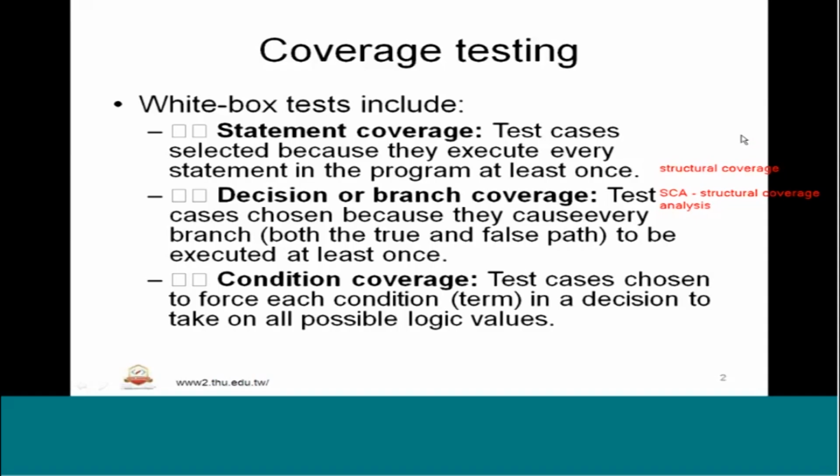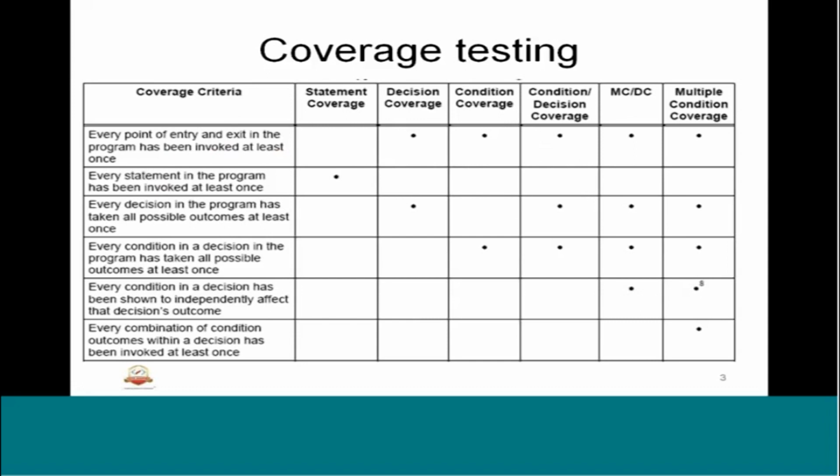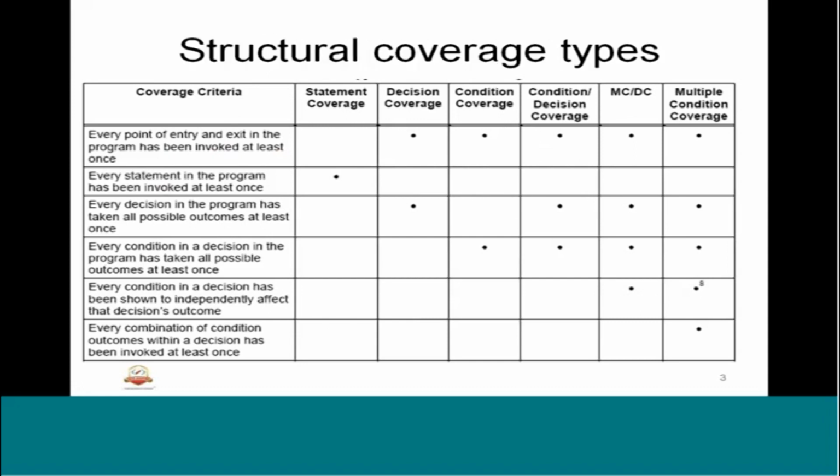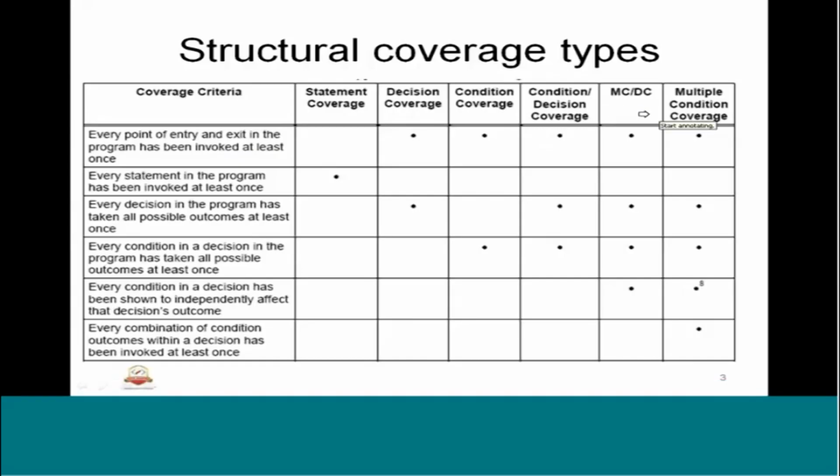You can see different coverages on the right hand side: statement coverage, decision coverage, condition coverage, condition decision coverage, MCDC, modified condition decision coverage, and multiple condition coverage. So what are these and how are these covered in different types of coverage criteria?